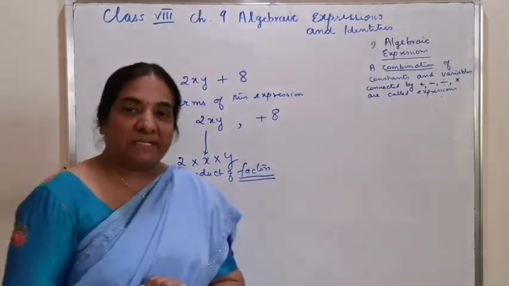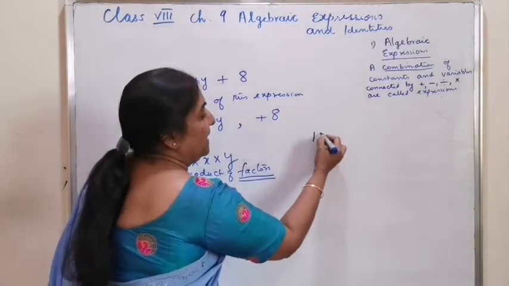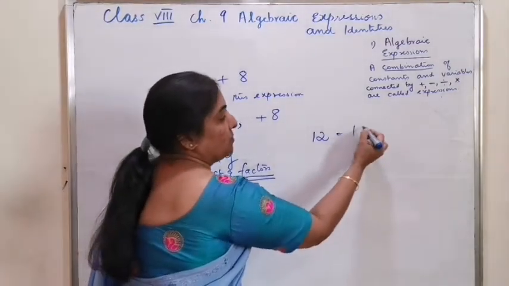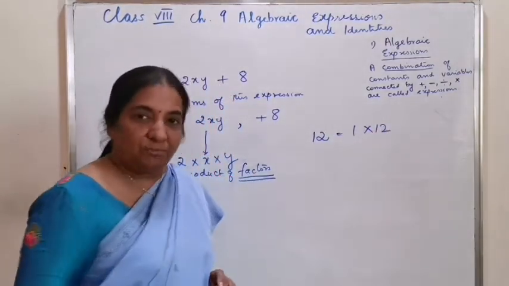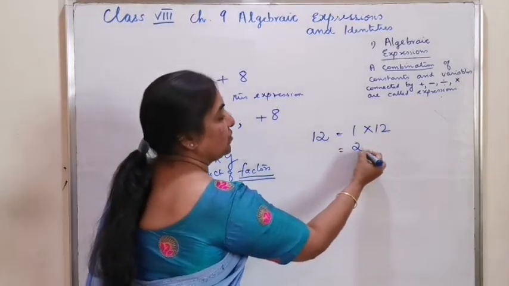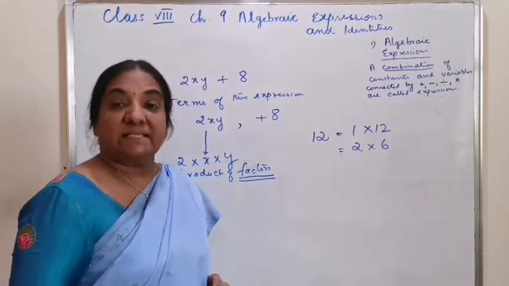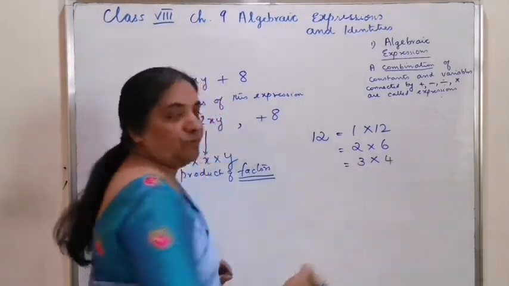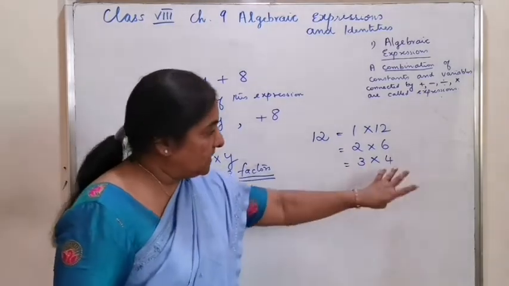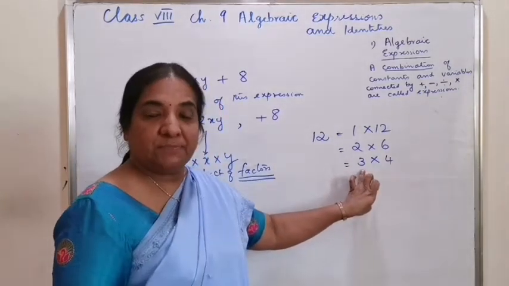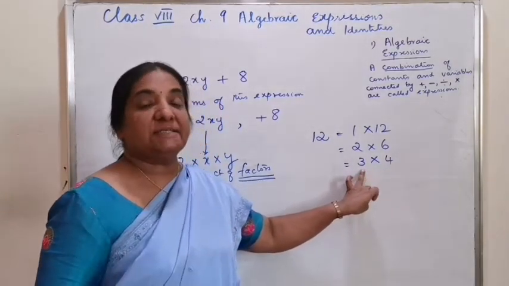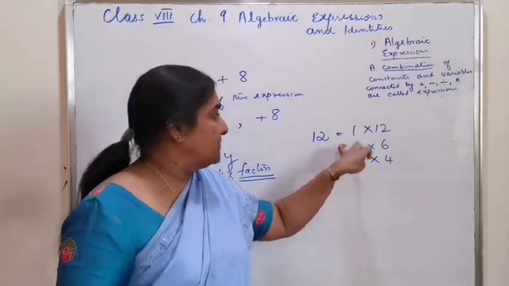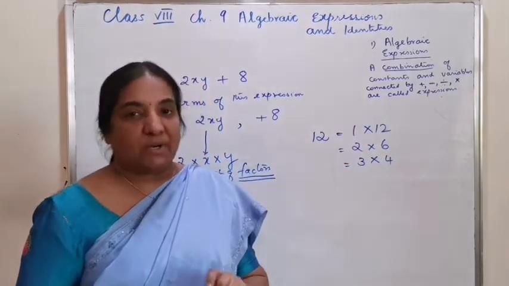Like in arithmetic, 12 is a number. It is formed as 1 into 12 as the first combination. It can also be formed as 2 into 6, the second combination, the third combination of 3 into 4, and the fourth combination of 4 into 3 repeats, or since multiplication is commutative, 6 into 2 is the same as 2 into 6. 12 into 1 is also same as 1 into 12.